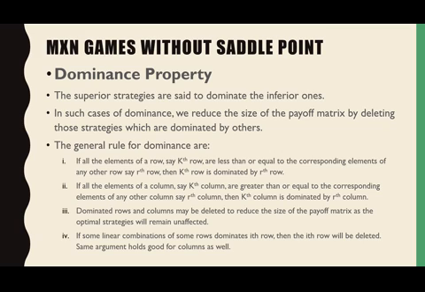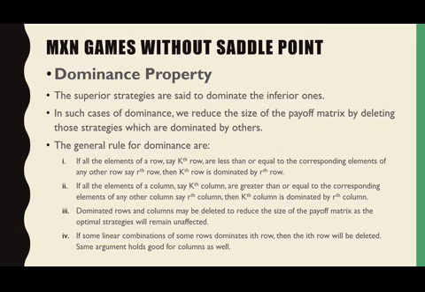As I said in the example, if you have an inferior strategy, a strategy that can be dominated, then such a strategy is of no use. There is no use in retaining that strategy. So you can just delete it, right? That row or that column which represents a particular strategy can be deleted.